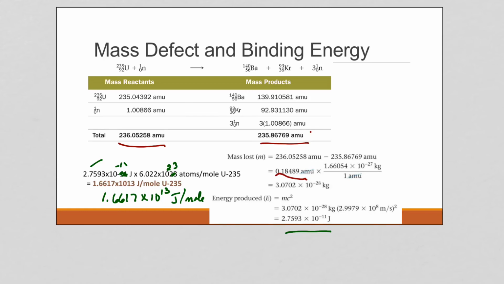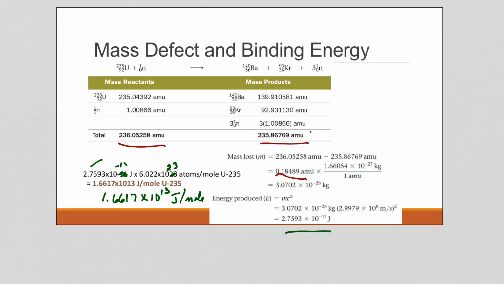All right, so 1 mole of uranium produces 1.66 times 10 to the 13 joules of energy, or about 17 million kilojoules.